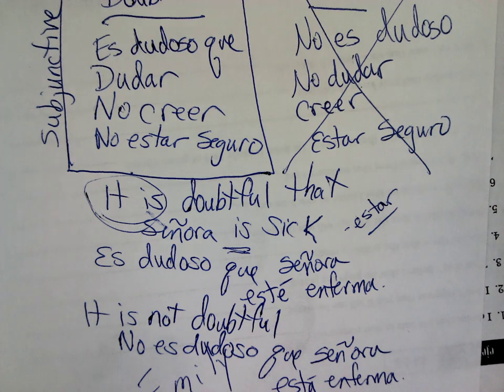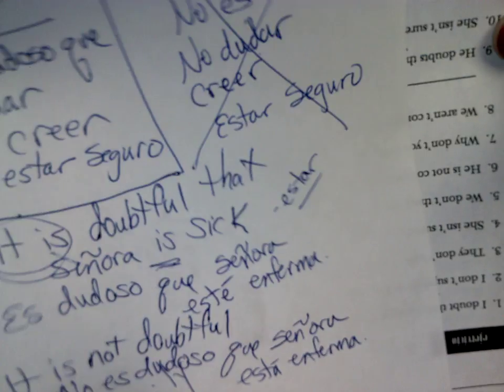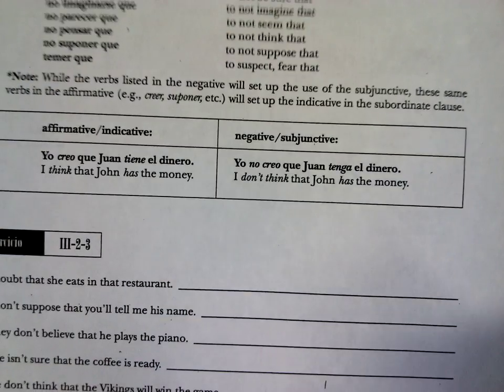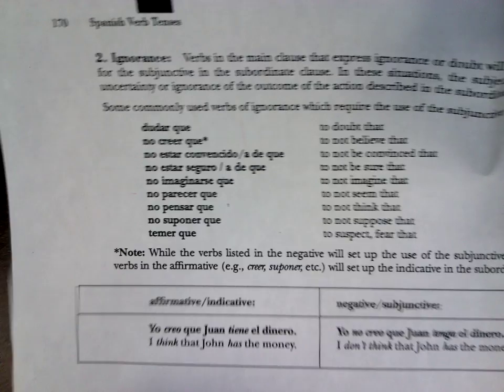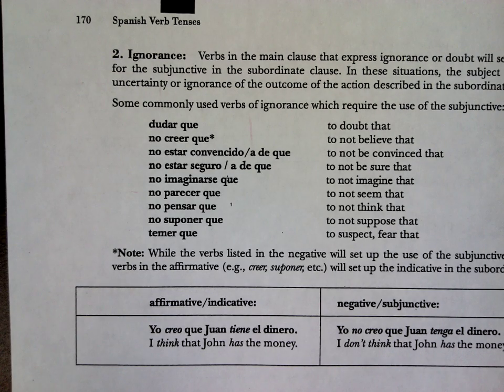Enferma. Okay? I know that is short and sweet and very quick, but you guys are going to be given a form today in class that looks like this. And another way that we describe doubt is ignorance. It's kind of the same thing. And it looks just like this.